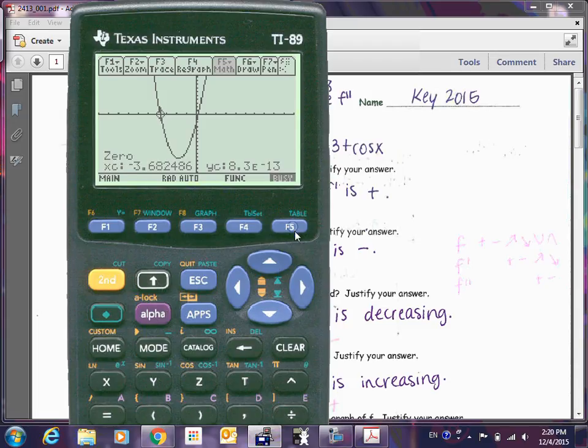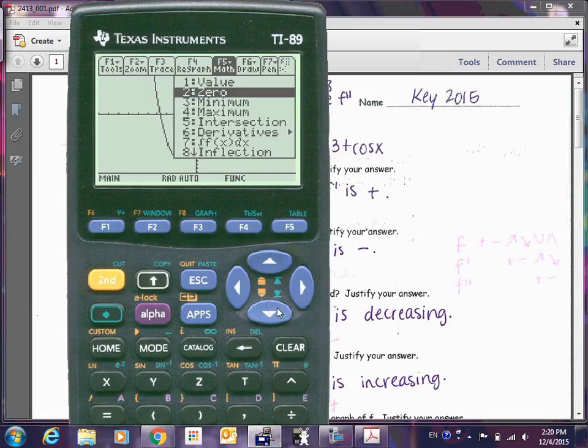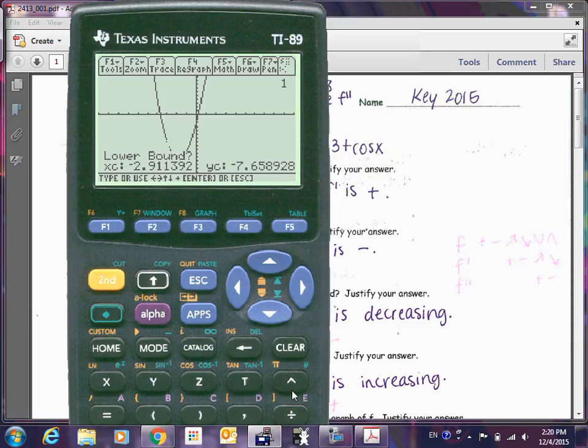All right, so we would go to F5, and there's minimum right there. We would select it. Again, it says lower bound. I am to the left of the minimum, so I press enter. It says upper bound, so go to the right of the minimum. And so what this x value represents is where f prime changes from decreasing to increasing.